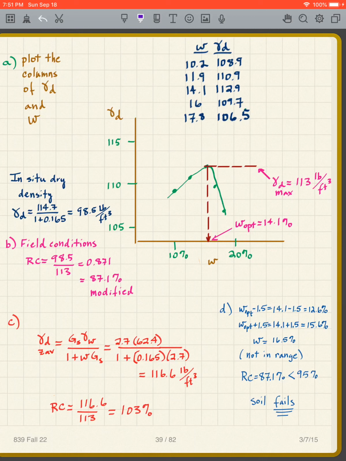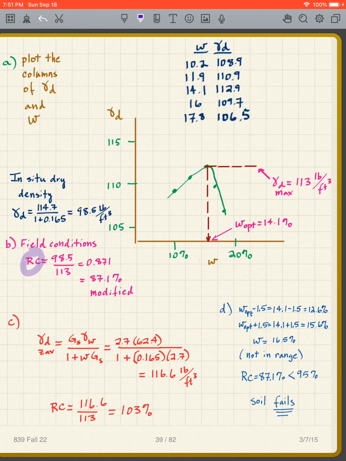Then I find my in situ dry density, which is, again, using the same formula, gamma over 1 plus W. So I get that my in situ dry density is 98.5 pounds per cubic foot.